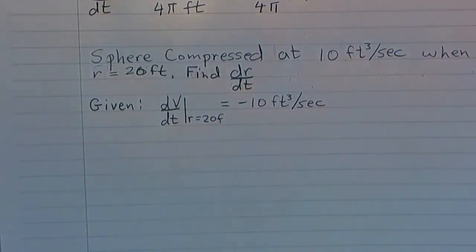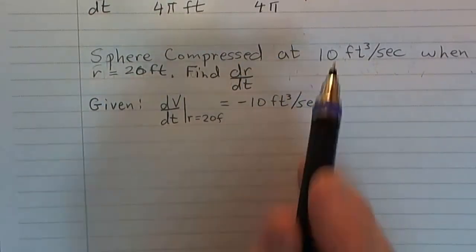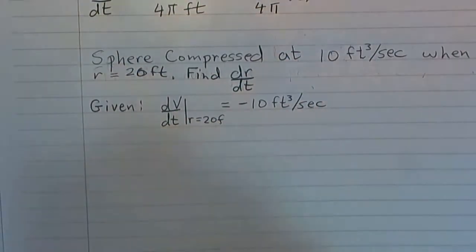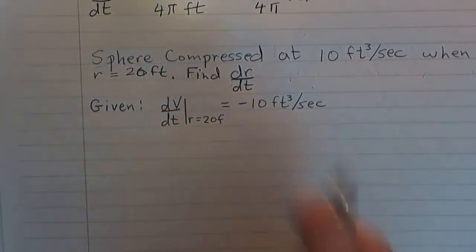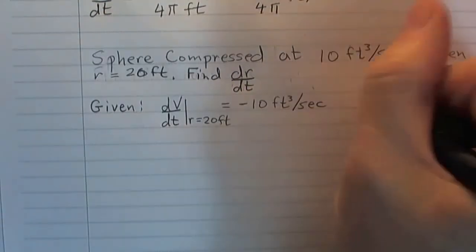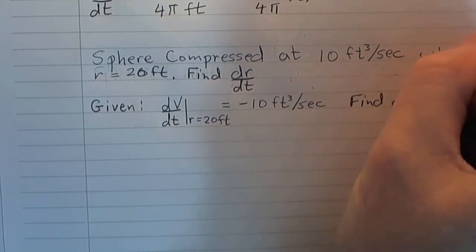The volume is decreasing, and when a volume is decreasing, you have a negative derivative. So it's negative 10 cubic feet per second when the radius is 20 feet. And what we want to find is dr dt.